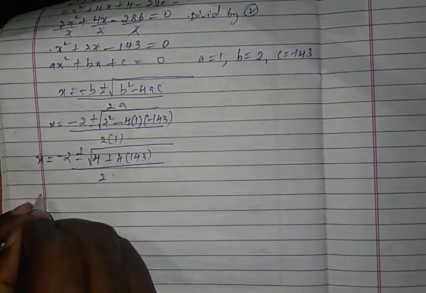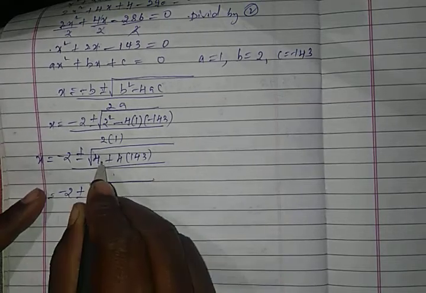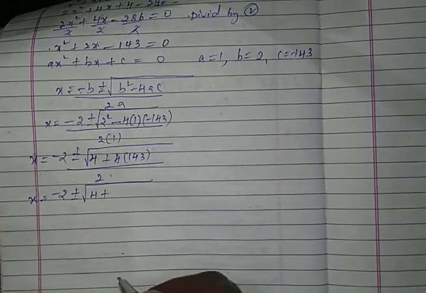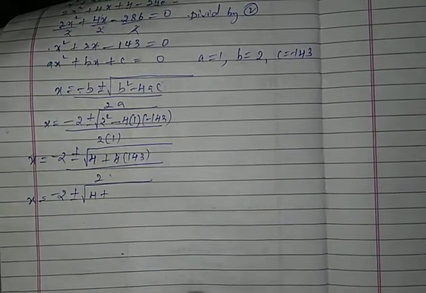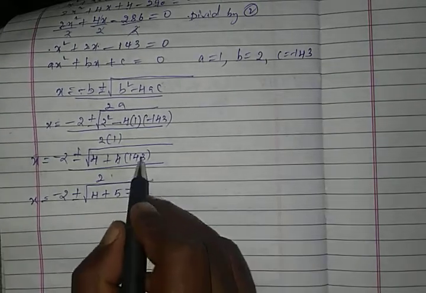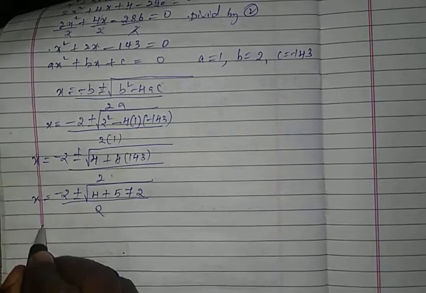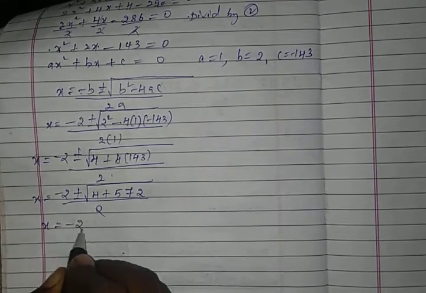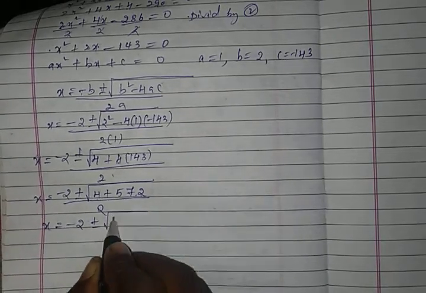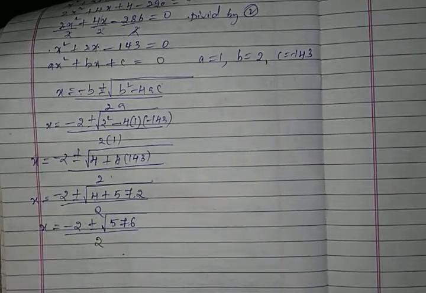And next, x is equal to minus 2 plus or minus square root of 4 plus 143 into 4, what is the multiplication of 143 into 4, that is 572, 3 4s are 12, like that. So this is divided by 2. Then x is equal to minus 2 plus or minus square root of 572 plus 4, which is 576, whole divided by 2.